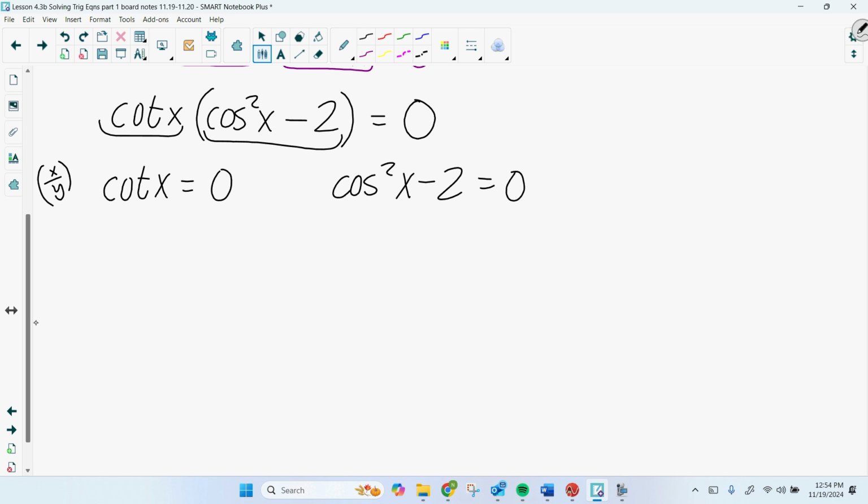So you could either write pi over 2 plus pi n, because do you see how if I add pi to pi over 2, that is 3 pi over 2? Yeah, so that encompasses all of the solutions. The reason I can do that is because cotangent has a period of pi. So I really only have to look in 0 to pi.